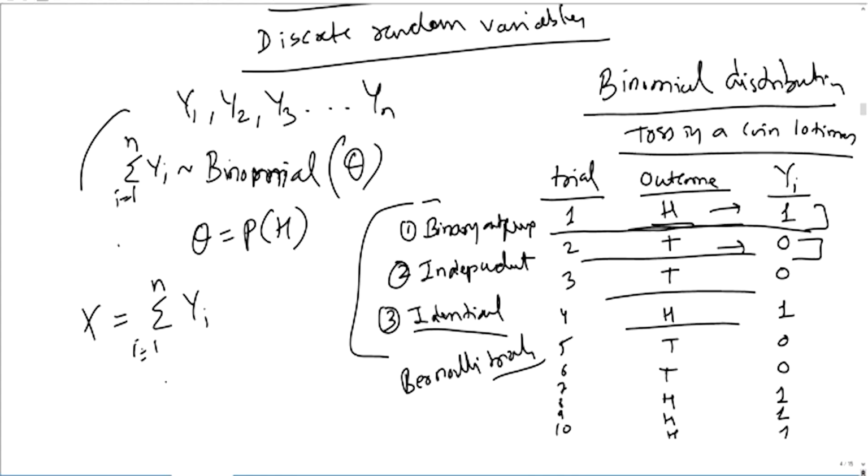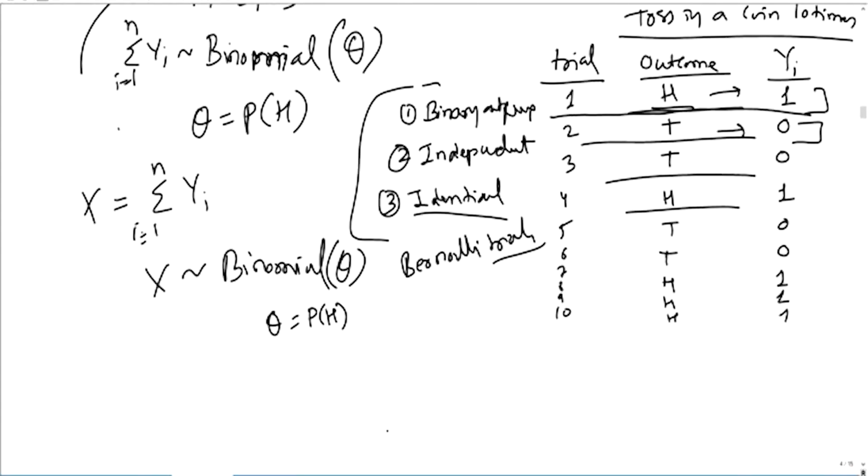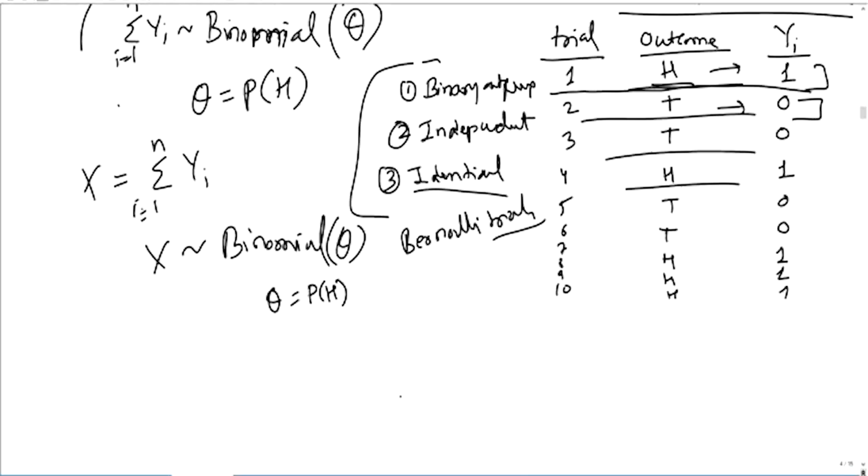So x is called a binomial random variable. It follows a binomial distribution with theta as its parameter. And what is theta? It's the underlying probability of heads in any ith trial. This theta would remain the same across trials because you have the same coin, okay?